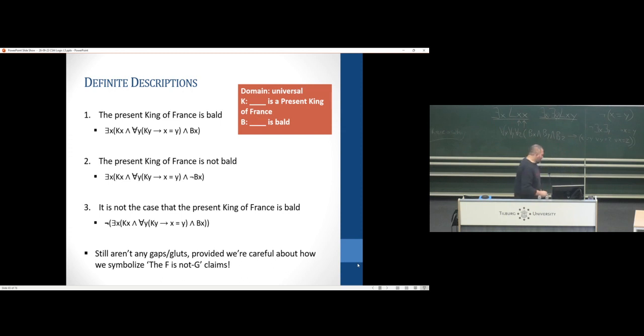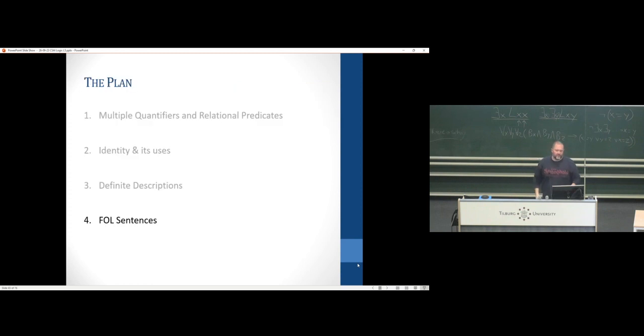Okay. So we've done at least, at most, exactly, and covertly, we also did the. All we've got left to do is talk about defining FOL sentences. I want to start on this, and we'll get through as much of it as we can before we finish up for today.